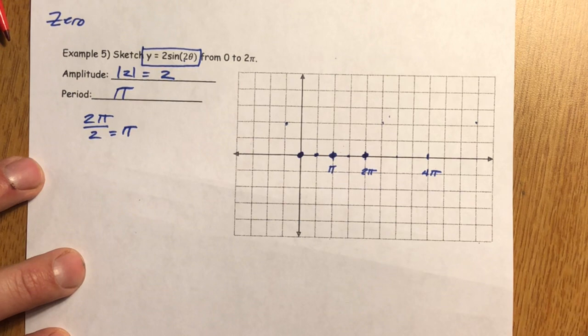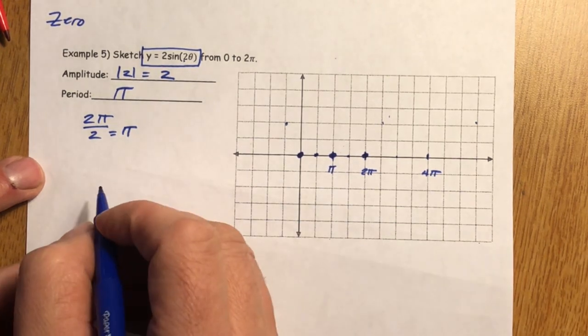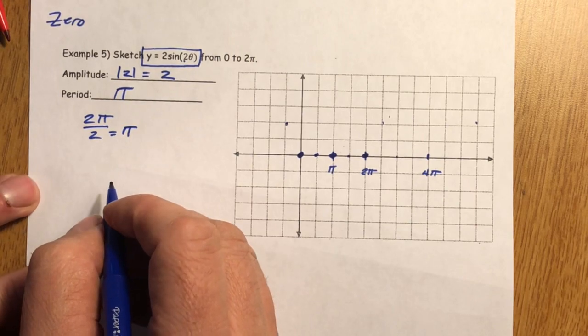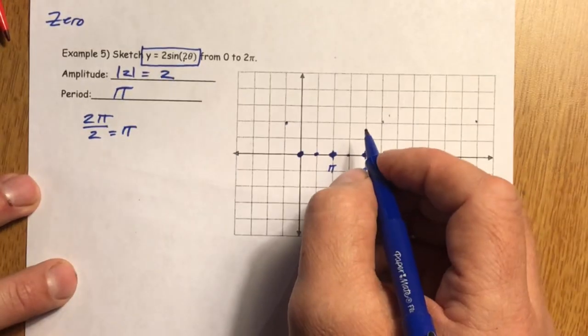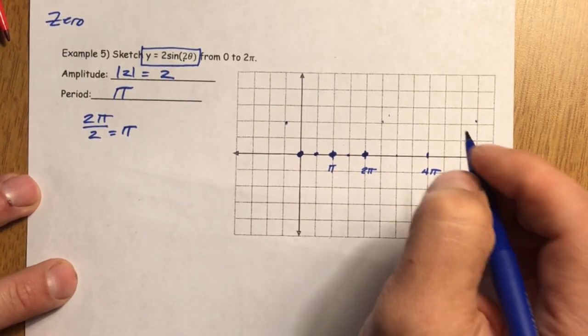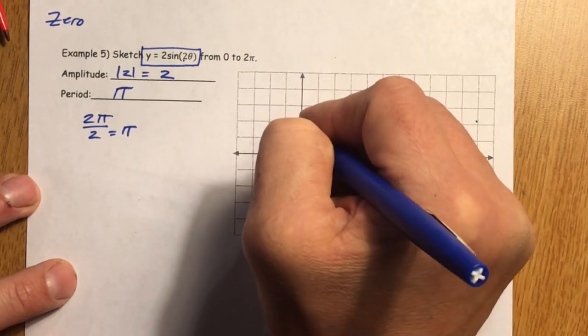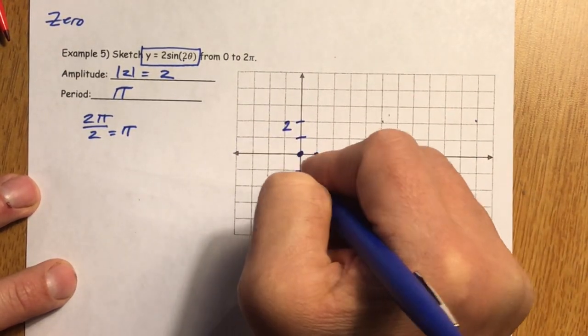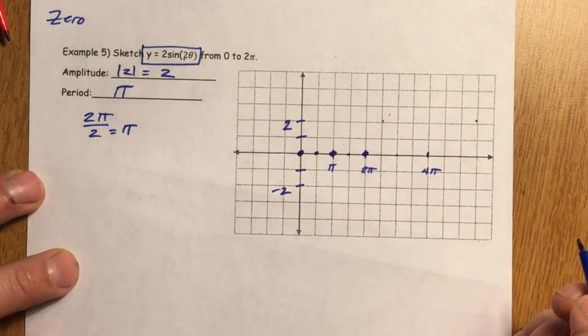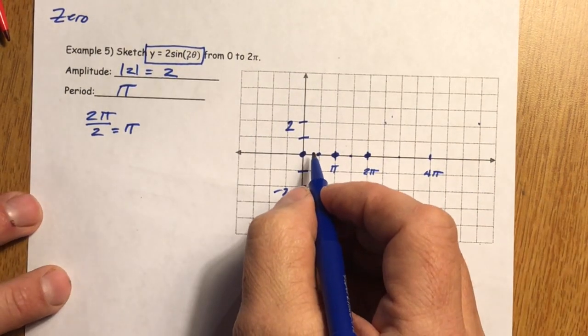All right, so I know my amplitude is 2, and we'll go up. This is 1, 2, -2. All right, so let's start at 0, 0.